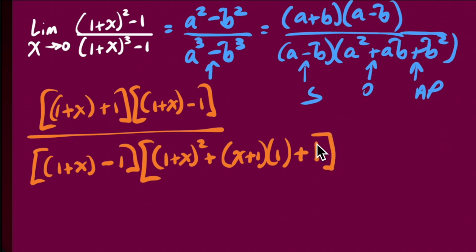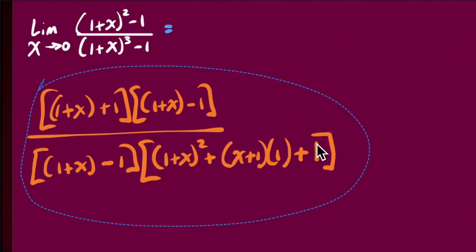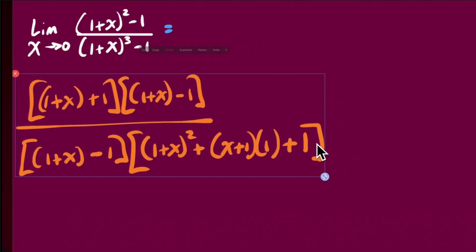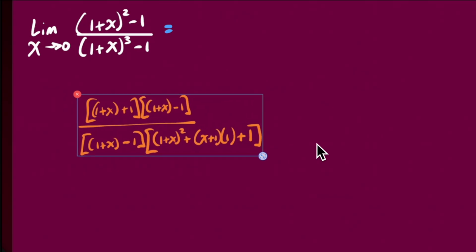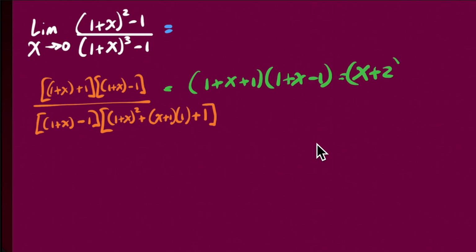Okay, so for the numerator, this is going to simplify to (1 plus x plus 1) times (1 plus x minus 1), or continuing along with the numerator, (x plus 2) times x.